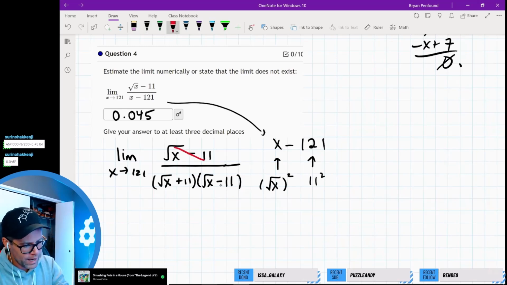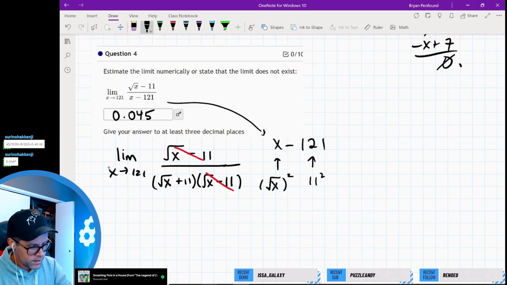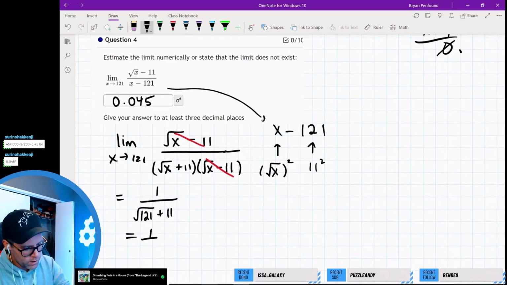That's going to allow us to cancel off that particular factor that's causing this singularity. And then we're going to be able to go ahead and sub in 121. So we're going to get the square root of 121 plus 11. And I think that's where we get our 1 over 22. Nice.